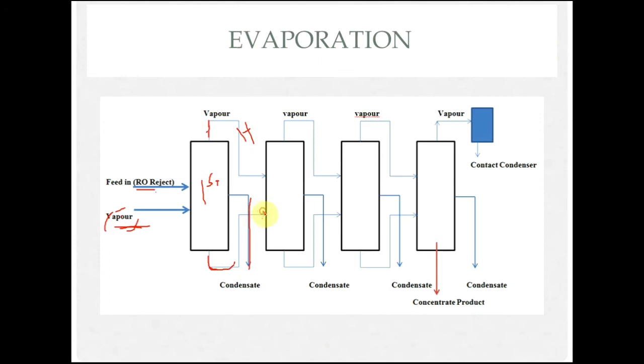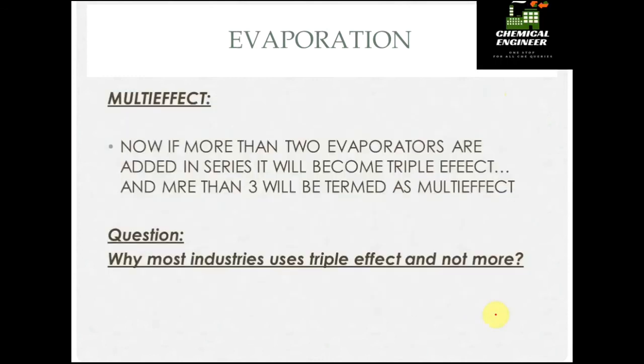The residues are again evaporated to concentrate the solution, and again the vapors are used as heating, and a similar process is carried out multiple times. This becomes a multi-effect evaporator, and at last we will have one condenser to condense the vapors, and also we will have the concentrated product as our end product. This is how multi-effect evaporators work.